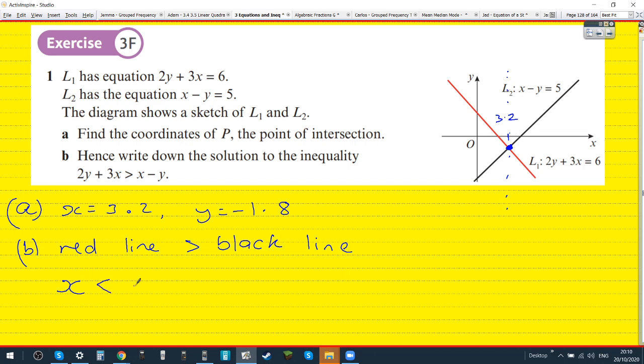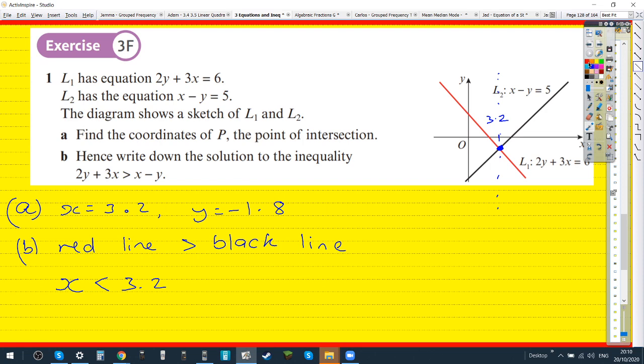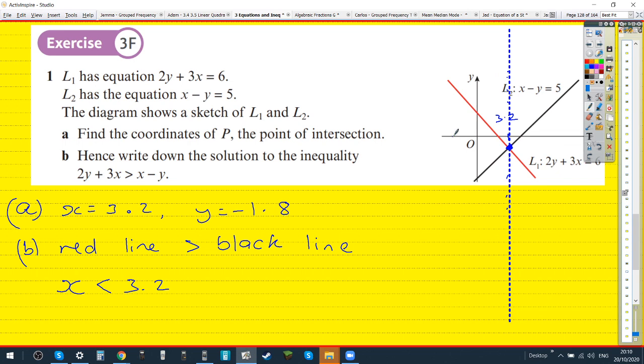It's when x is less than 3.2, literally pointing to the left. So if you have this, let me just do a blue line. They're exactly equal to each other when x is 3.2. On the left of it, red is bigger, it's higher up. On the right of it, black is bigger, it's higher up.